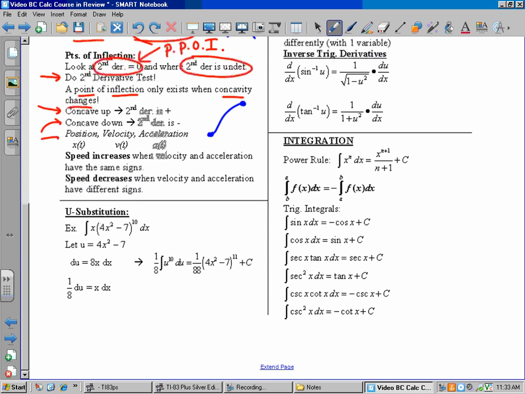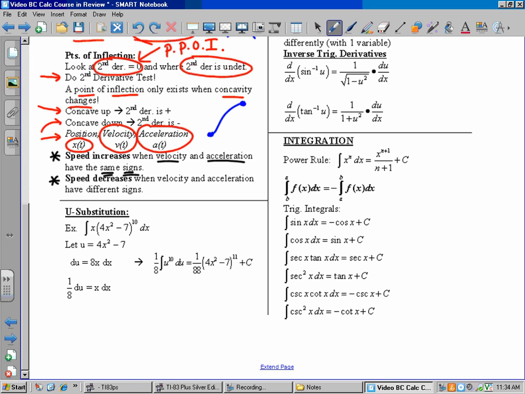Let's talk about the position function, which is usually x of t or s of t. The first derivative is the velocity, v of t, and the acceleration is the second derivative, a of t. A couple of tricky things you need to be aware of: speed increases when the velocity and acceleration have the same sign.